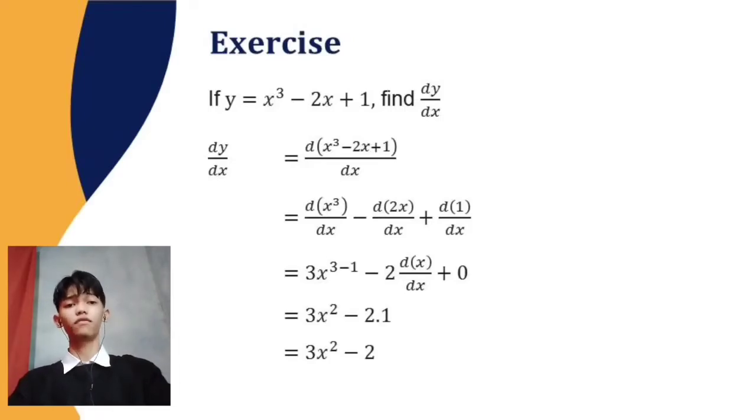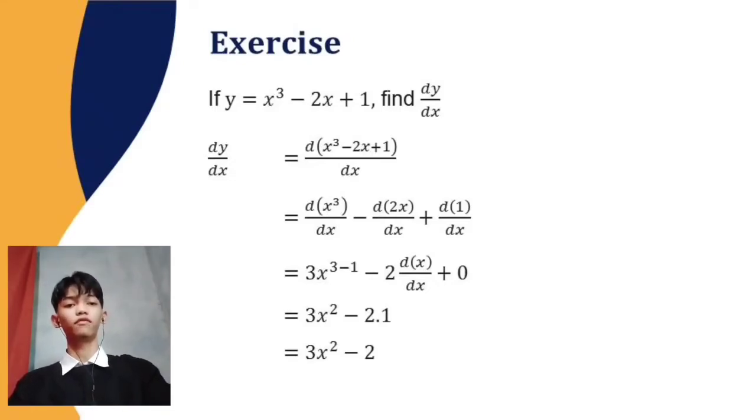And of course, the derivative of 1 is equal to 0. And then we get dy/dx is equal to 3 times x squared minus 2 times 1, because the derivative of x is equal to 1.